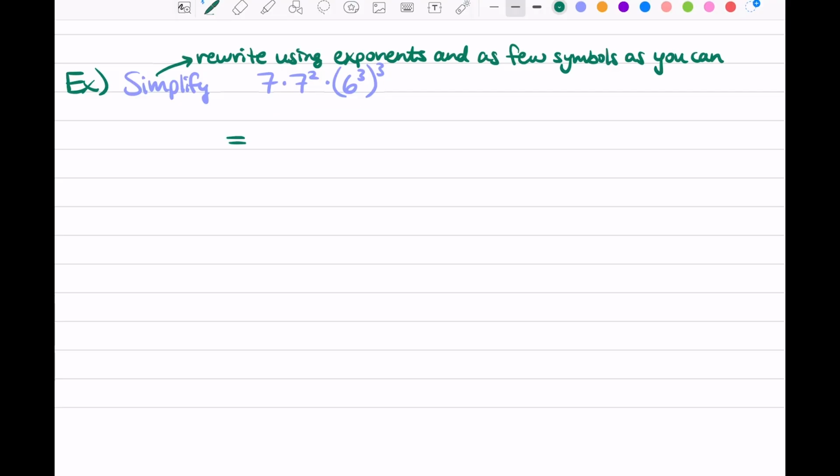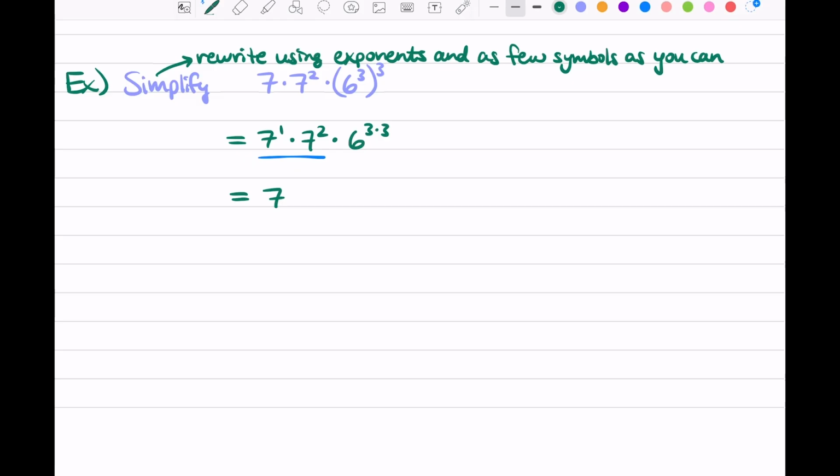So looking at our 7, we can consider that as 7 to the 1st power, and our 6 to the 3rd power, we can rewrite as 6 to the 3 times 3. Remember, when we have an exponent and then we raise that to another exponent, we can just multiply those. Now we're multiplying here with the same base, so we just add the exponents.